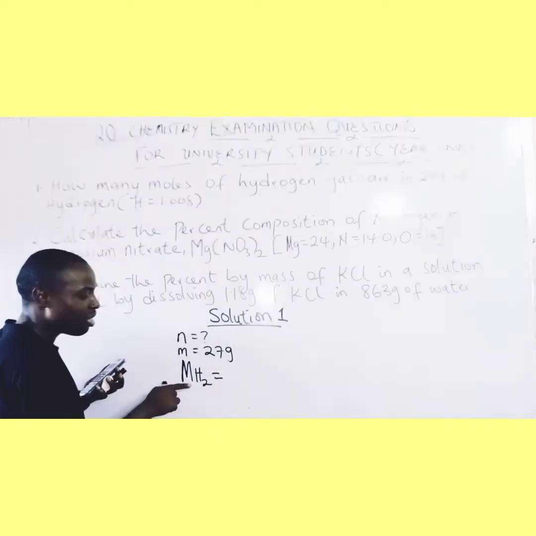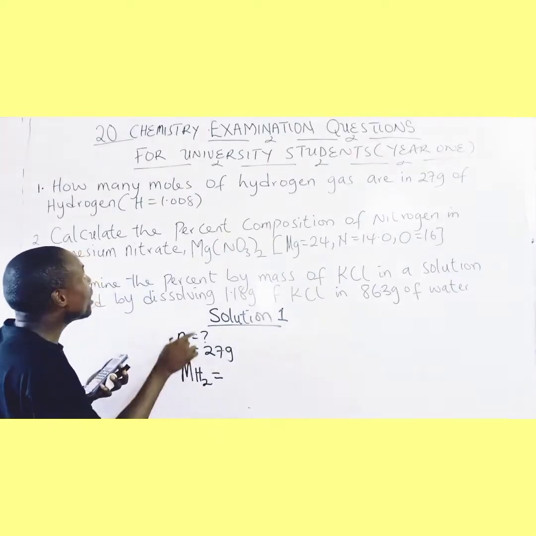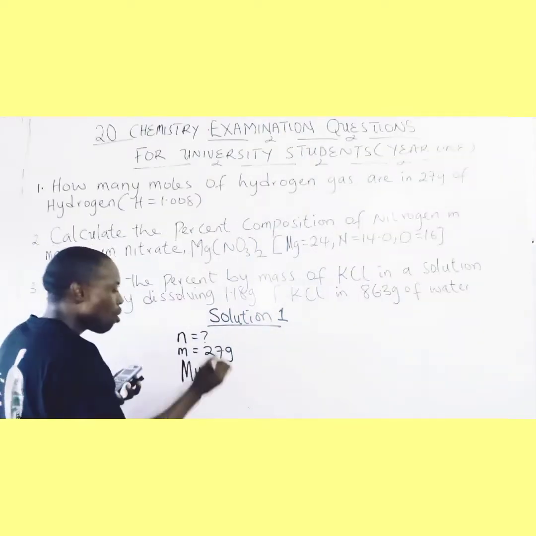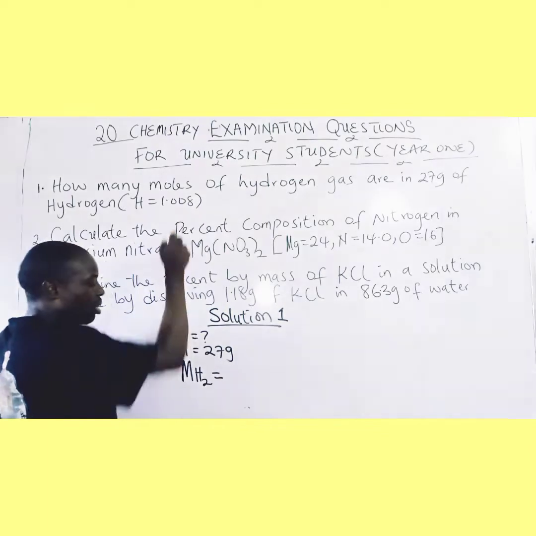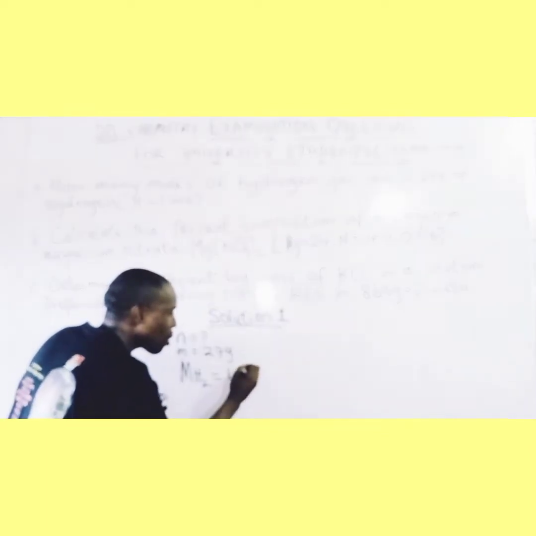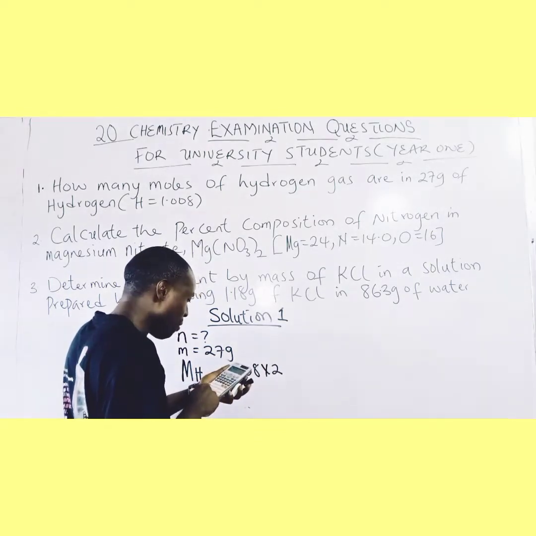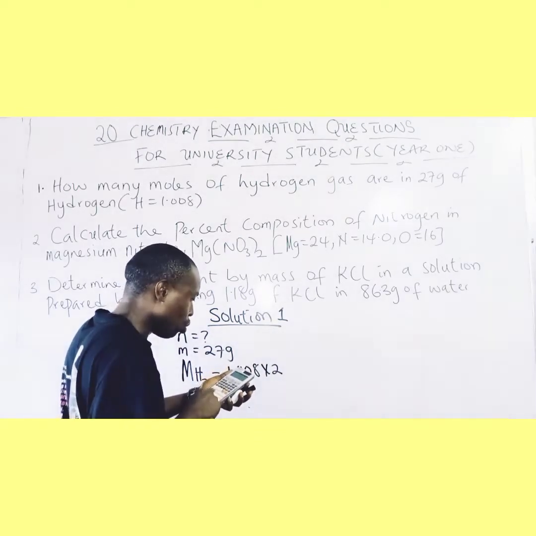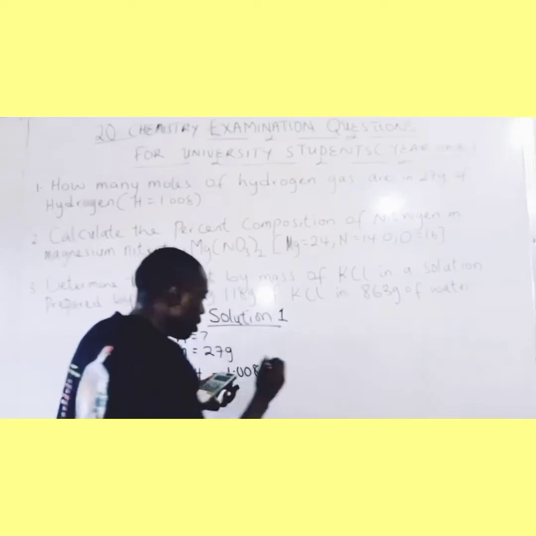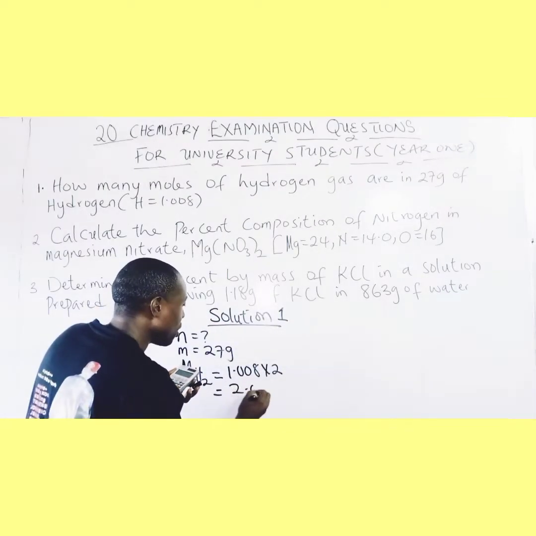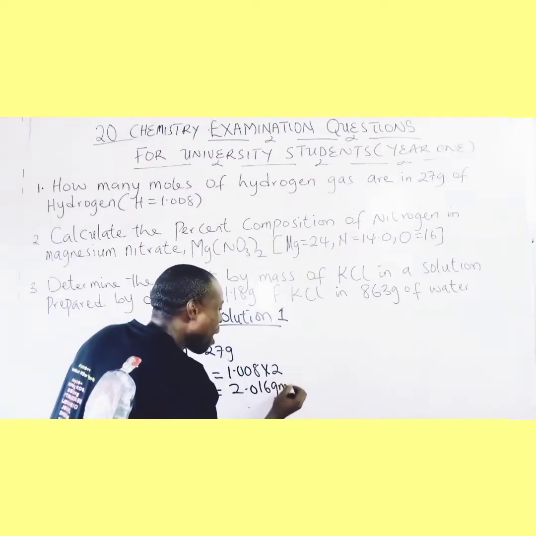The molar mass of hydrogen gas: we were given the relative atomic mass of hydrogen to be 1.008, multiplied by 2, which gives 2.016 grams per mole.